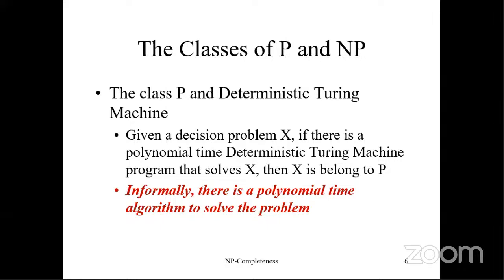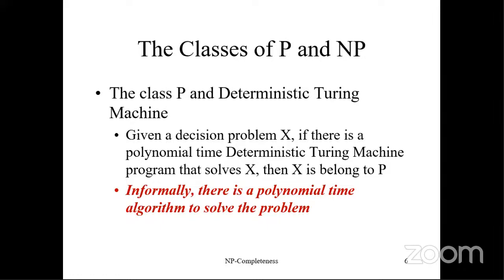Given a decision problem X, for example, the knapsack problem is a decision problem. So if you have a problem that has to do with optimization of the result based on some constraints, you have an objective function and some constraints that satisfy the objective function.